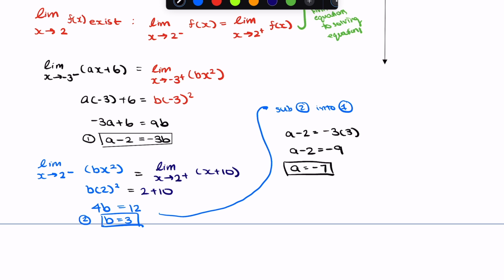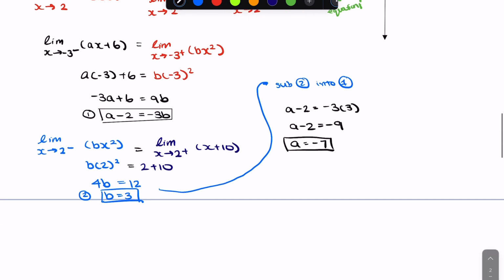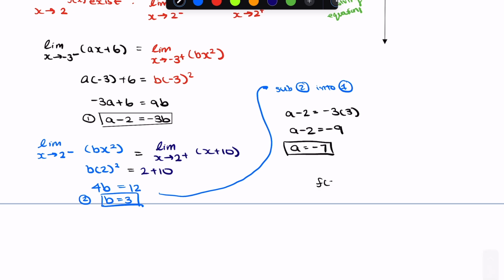If we put that back into our piecewise notation, we have f of x equals -7x plus 6 when x is less than -3, 3x squared when x is between -3 and 2, and x plus 10 when x is greater than 2.